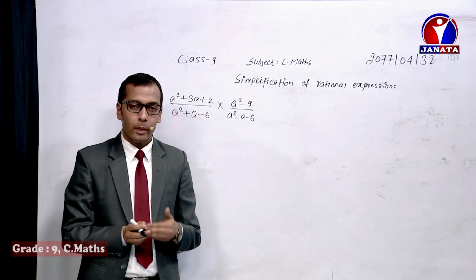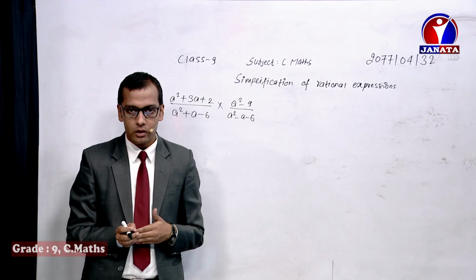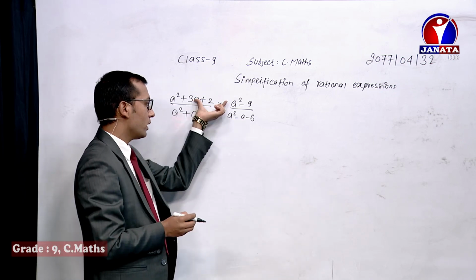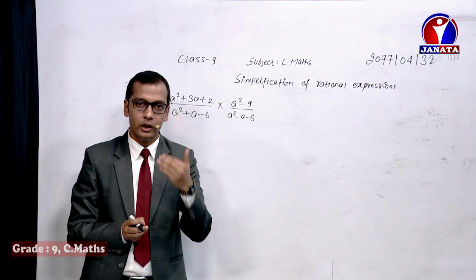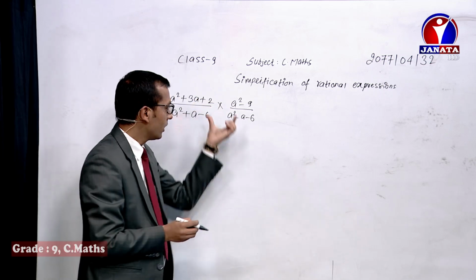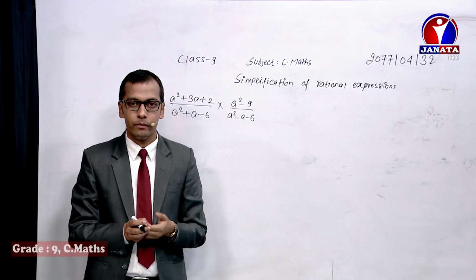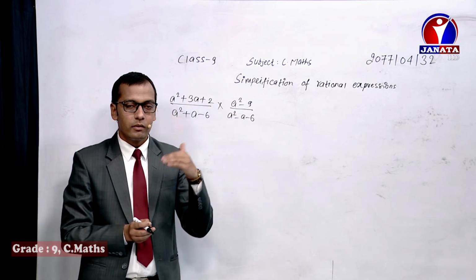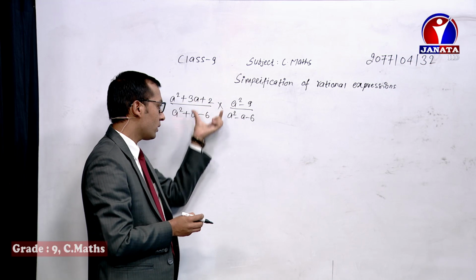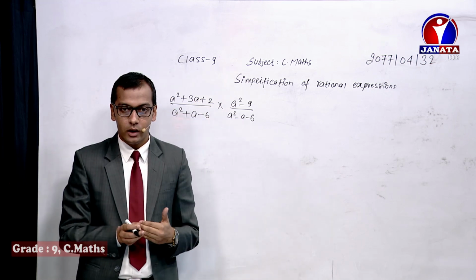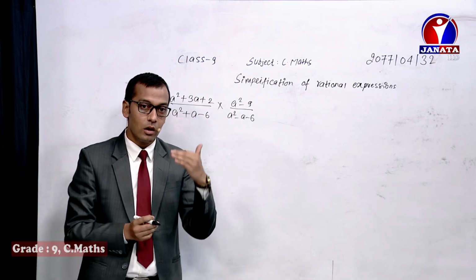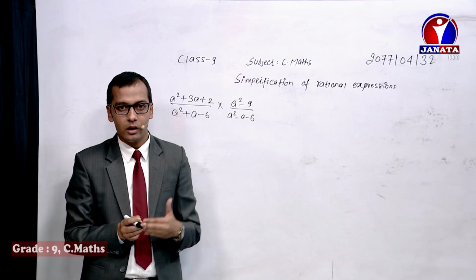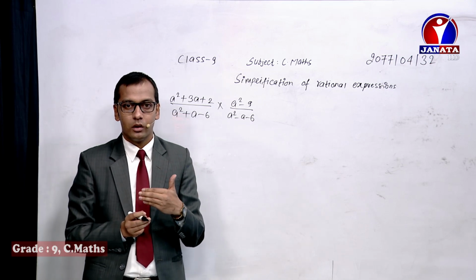First of all, we need to find the factors of the numerators and denominators, all the polynomials of the numerators and denominators. Then after factorizing, in the second step we cancel the common factors, and in the third step we write in lowest terms.